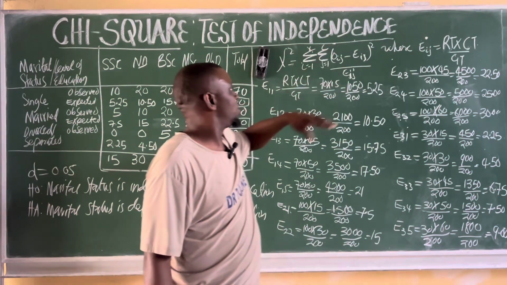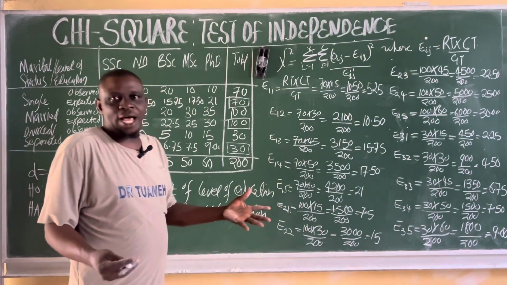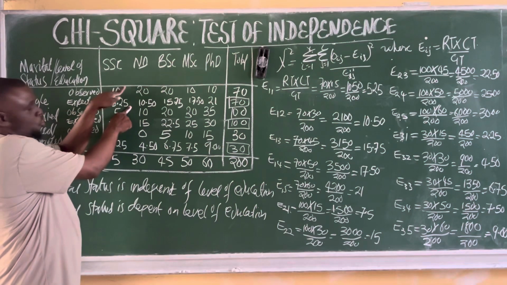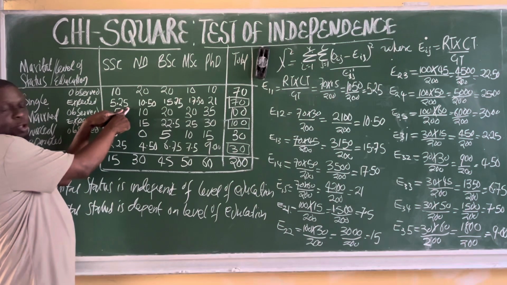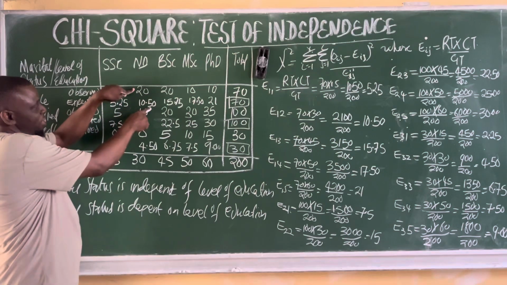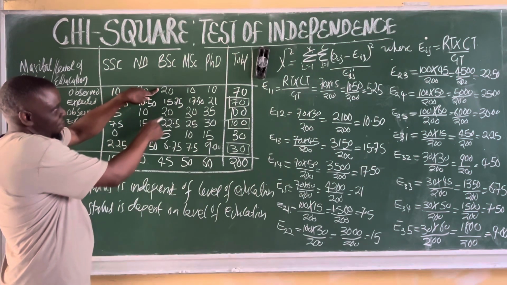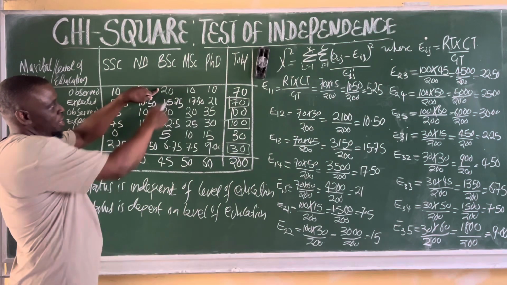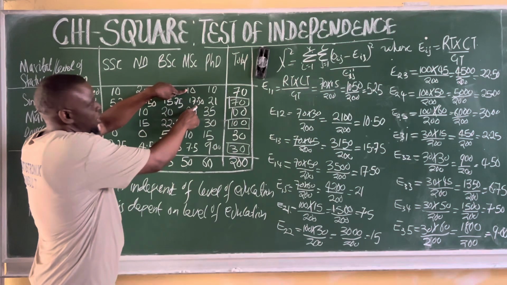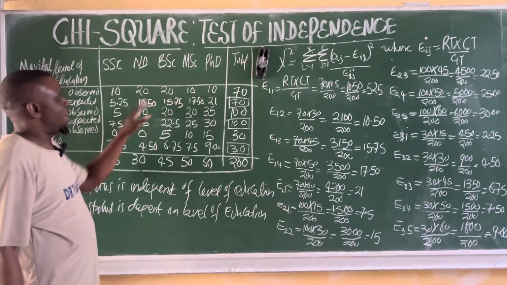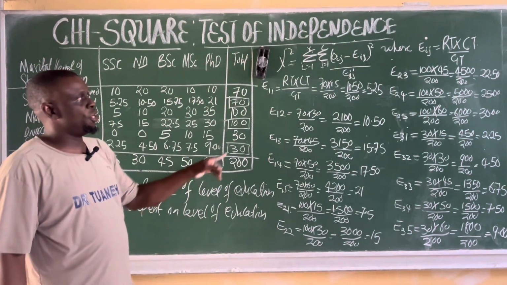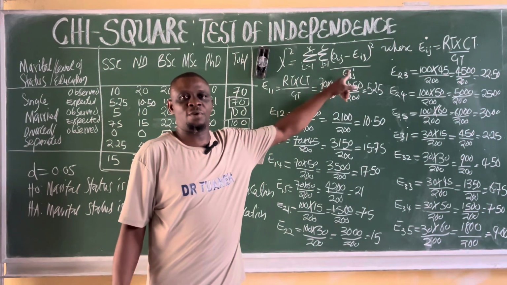Now, to compute this, we can directly use a calculator to say this observed minus this expected square over this expected plus this observed minus this expected square divided by this expected, and so on. And by the time you do for all of the values, it will directly give you the chi-square calculated.